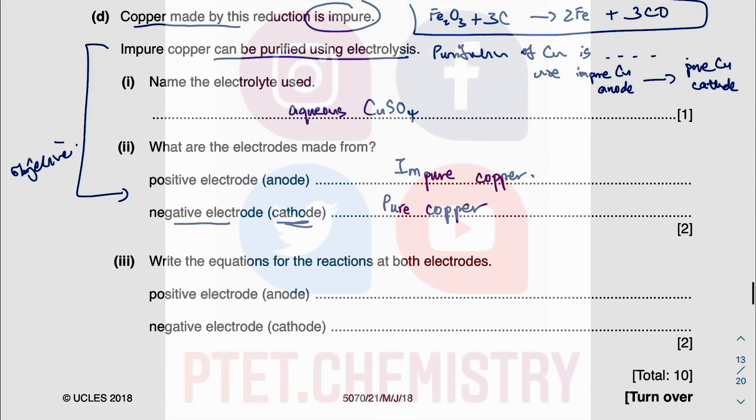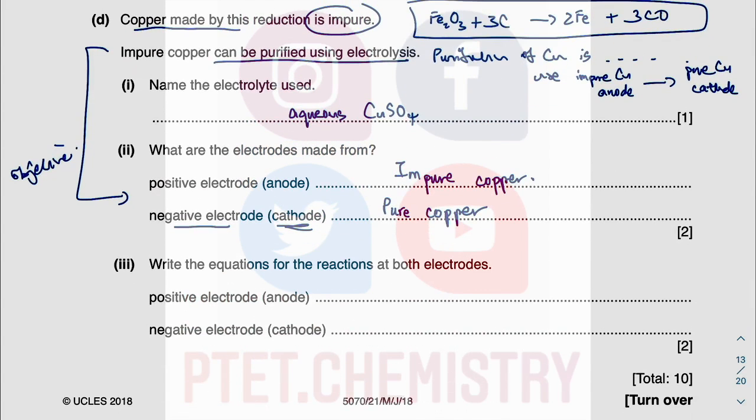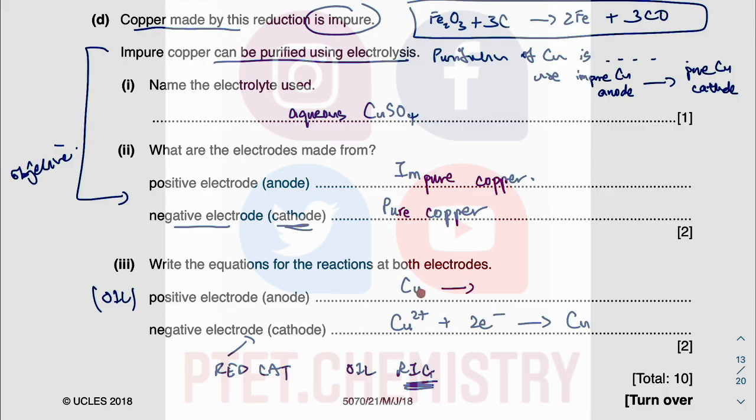Yeah. So write the equations. Reduction happens at the cathode, where the cations go to. The cations go to the cathode. Reduction is gain of electrons. Oxidation is loss of electrons. So oxidation happens at the anode. So that one will give you copper. And then the Cu, the impure copper, will dissolve into the electrolyte to give you Cu2+ and 2 electrons.